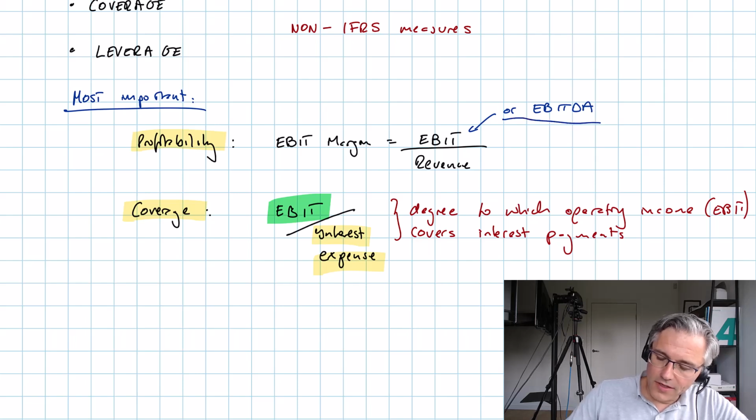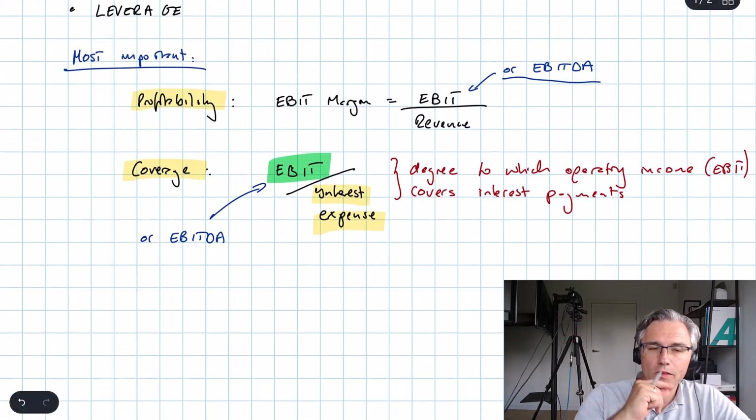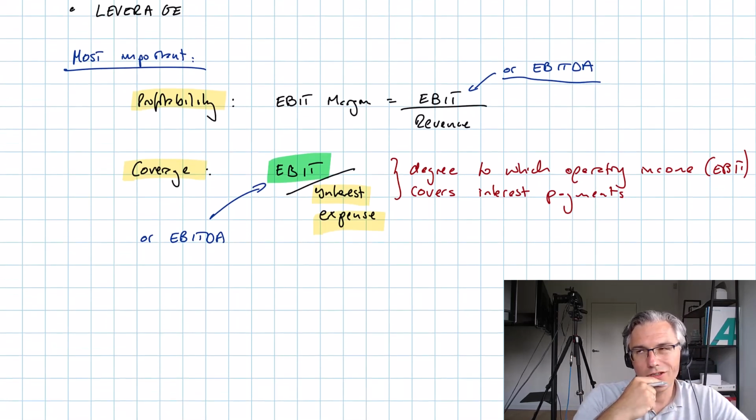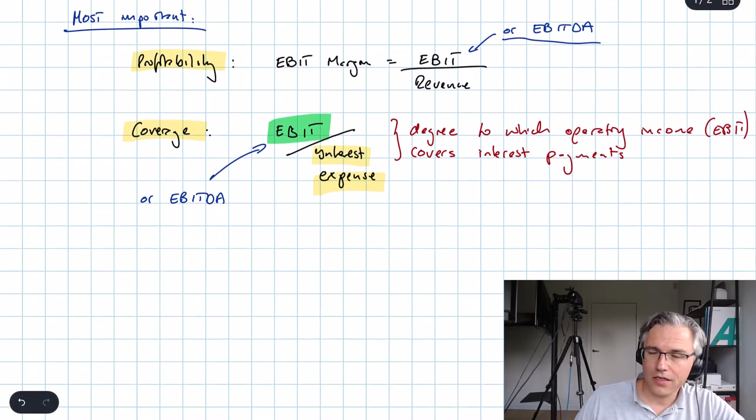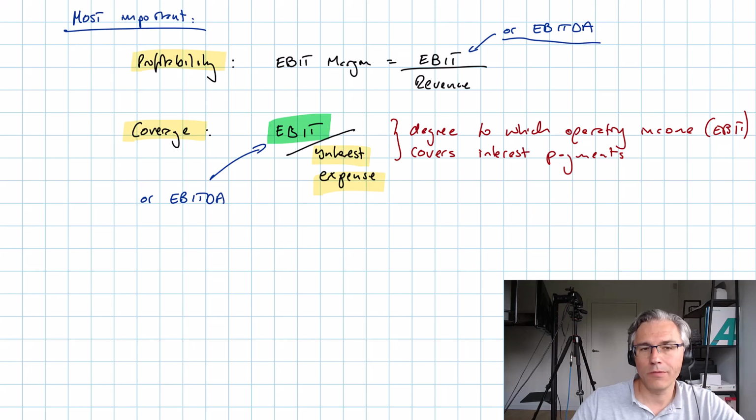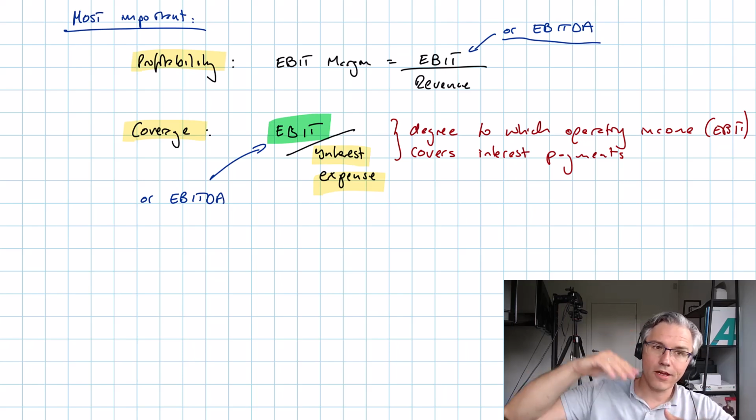Just like over here we said that EBIT may be changed to EBITDA, well, once again, the same is true. If you wish to focus more on a cash flow based measure, or closer to a cash flow measure, you would take out the depreciation and amortization expense, making the numerator of the fraction higher.